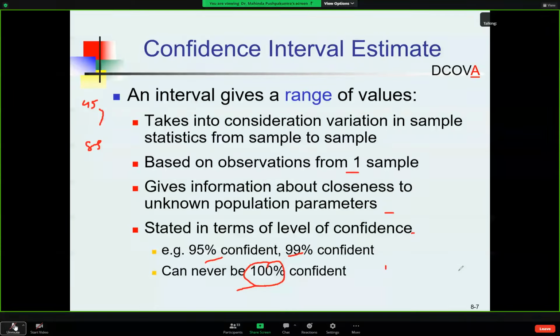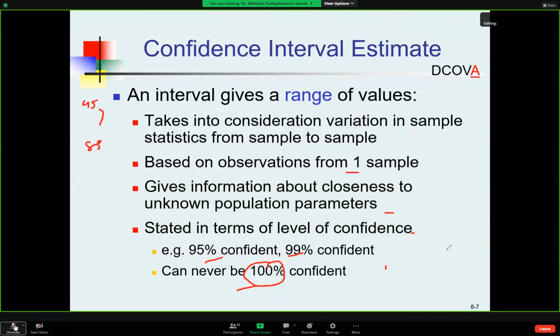Then, can you answer this question if I ask you? Why do we estimate a confidence interval? What is the importance of estimating a confidence interval? Please give some ideas. I have explained the concept of the confidence interval and highlighted its importance, and now I want to check whether you got the point.